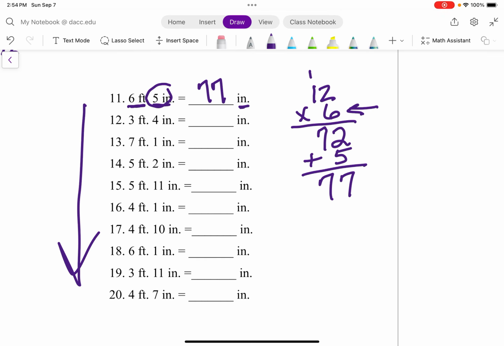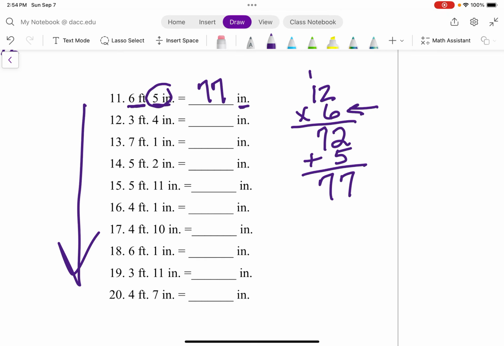These problems are helpful to use your calculator on when you're going from feet and inches into total inches, because your calculator will not steer you wrong here. Okay, so 6 feet 5 inches is 77 inches.